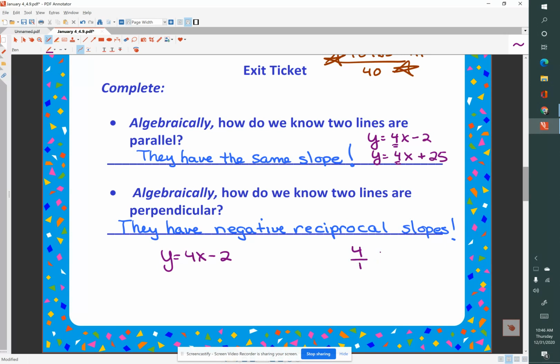The negative reciprocal of 4 over 1 is negative 1/4. So the perpendicular equation would be y equals negative 1/4 x. And we can have any y-intercept we want. Let's put that plus 25 in. And now these two equations are perpendicular.